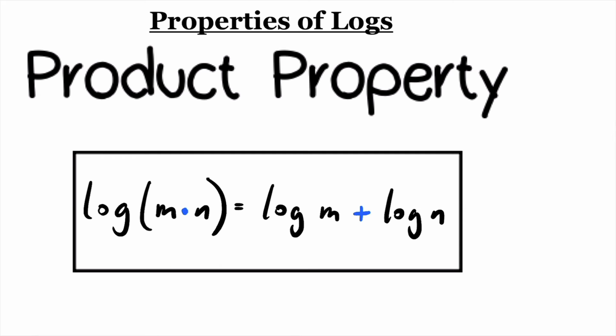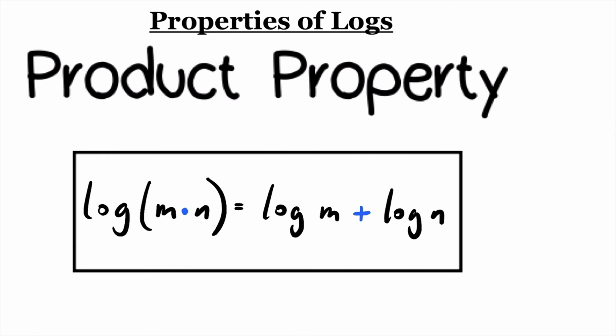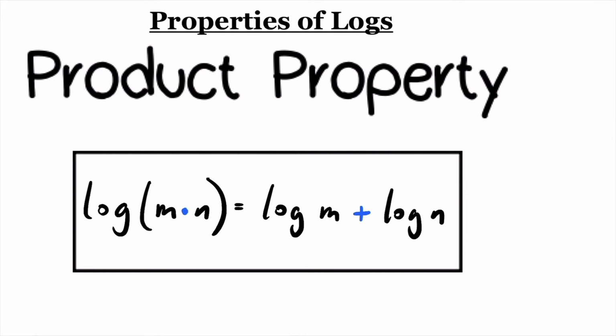Okay, so for product property, over here is the condensed side. Condensed means make it smaller. Anything you condense, make it smaller. This side over here is the expanded side. Make it bigger, make it longer, expand it, expand on that.